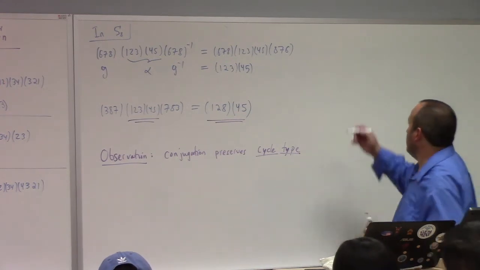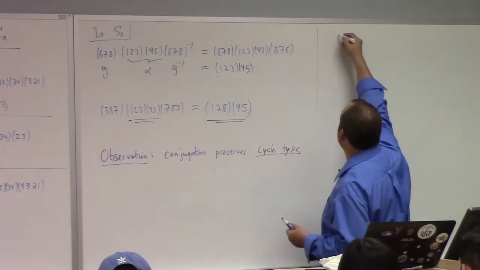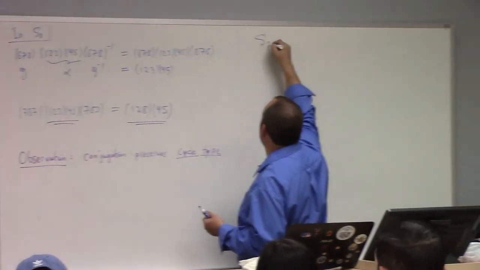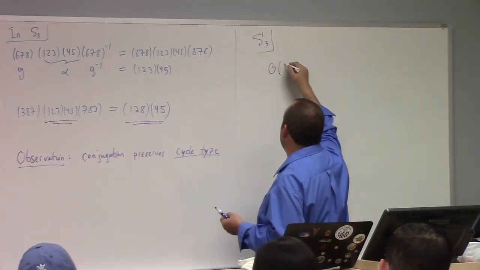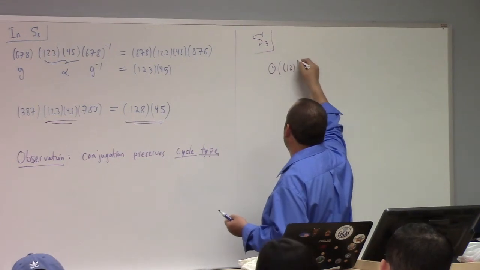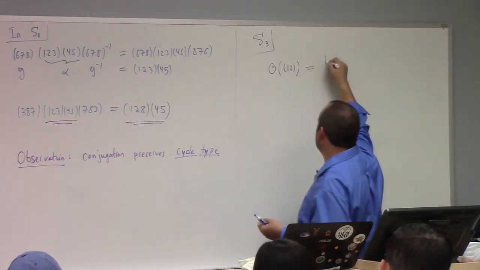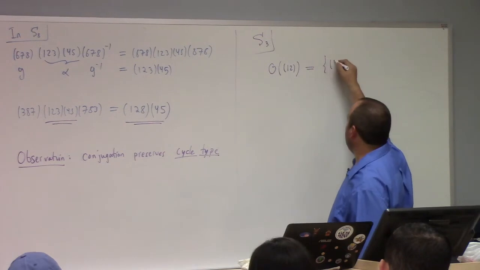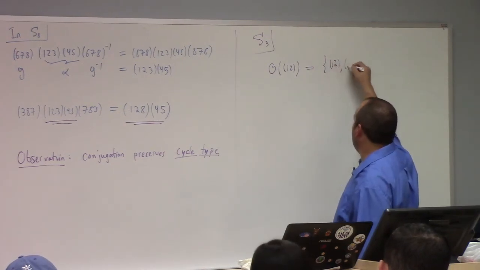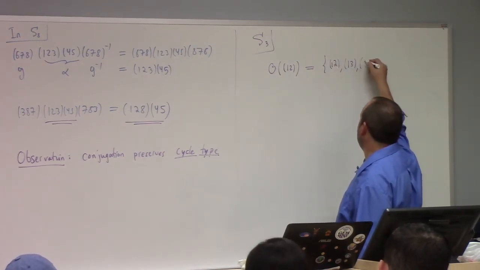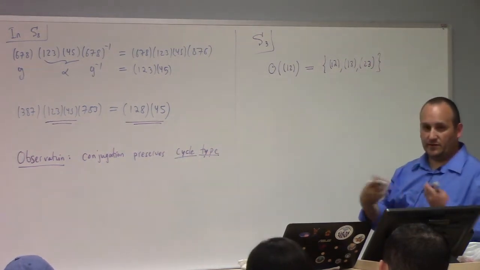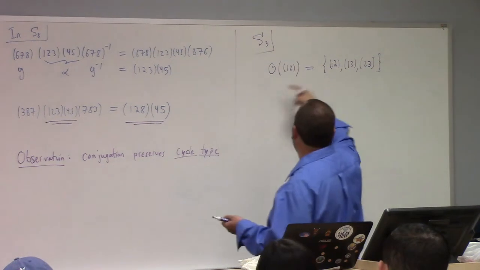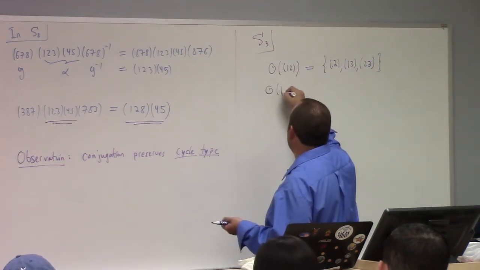Like if we're in, let's just say S3 to keep things simpler, and I look at the orbit under conjugation of, say, 1, 2, you know what I get? I would get 1, 2. I would get 1, 3. And I would get 2, 3. Because those are all the plain old 2 cycles.